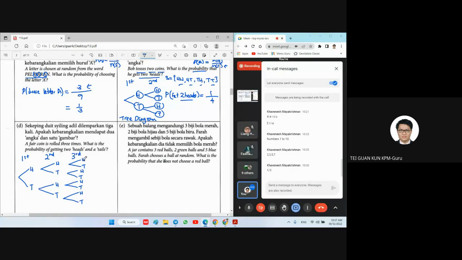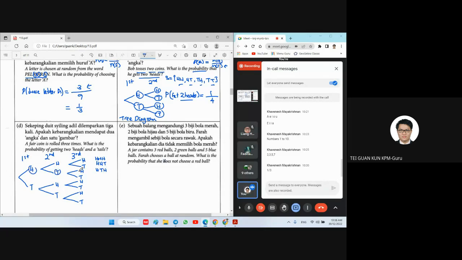So when you toss coin 3 times, bila awak lempar duit siling 3 kali, outcomes yang kamu dapat adalah head, head, head. 3 kali awak dapat head. Ataupun head, head, tail. First time dapat head, second time dapat head, third time dapat tail. Ataupun head, tail, head.